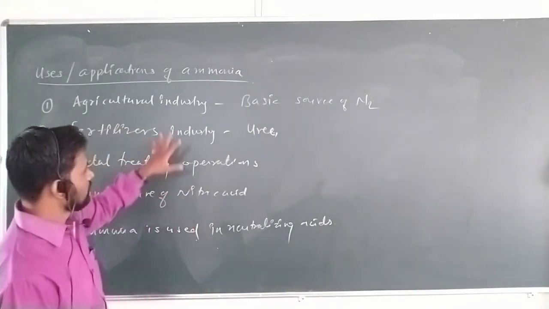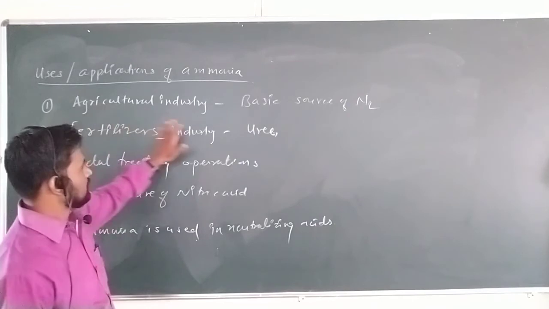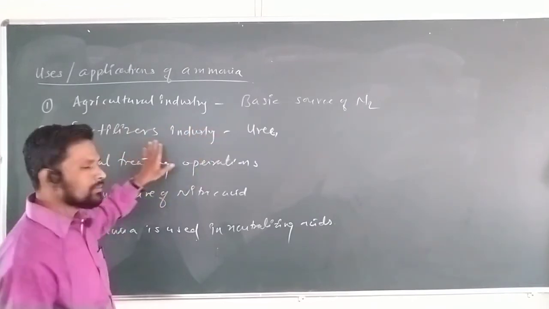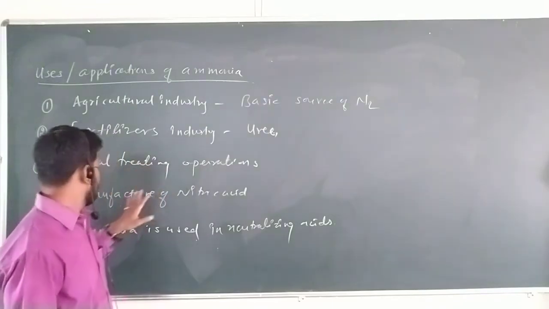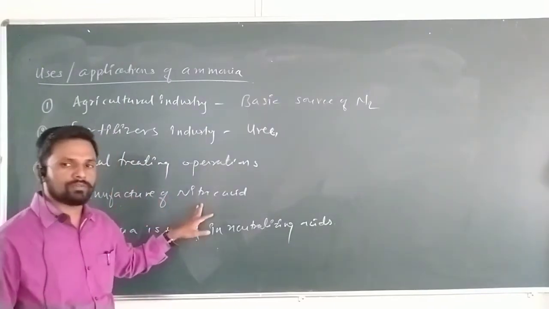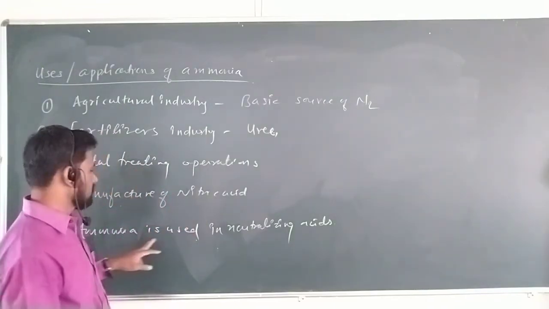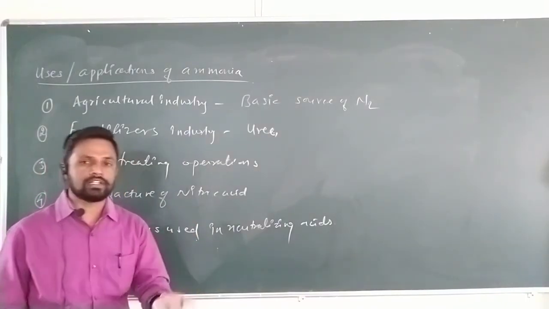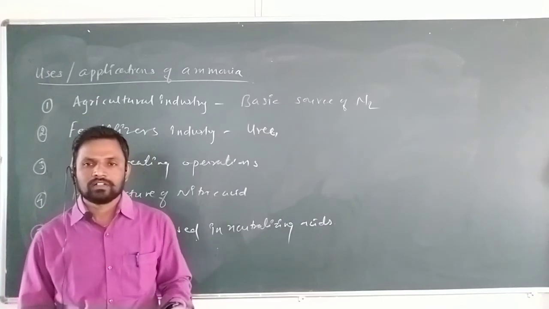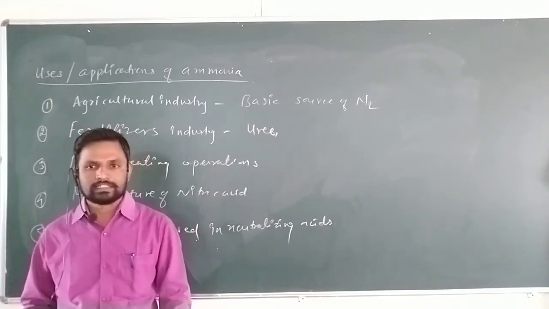So, these are the very important applications. Ammonia is used in the agricultural industry, in the fertilizer industry, in metal treating operations, in the manufacture of nitric acid, and in neutralizing the acids, whether in the laboratory or for organic or certain other synthesis.